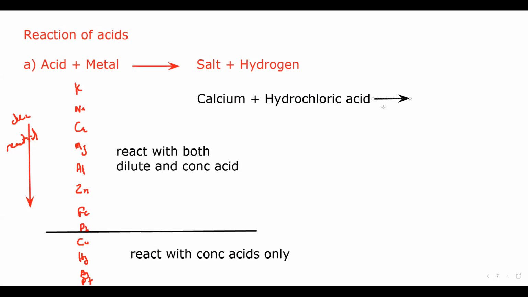How to identify which salt is produced? It's easy. If it is hydrochloric acid, it will produce chloride salt. If the acid is hydrochloric acid, this will give chloride salt.